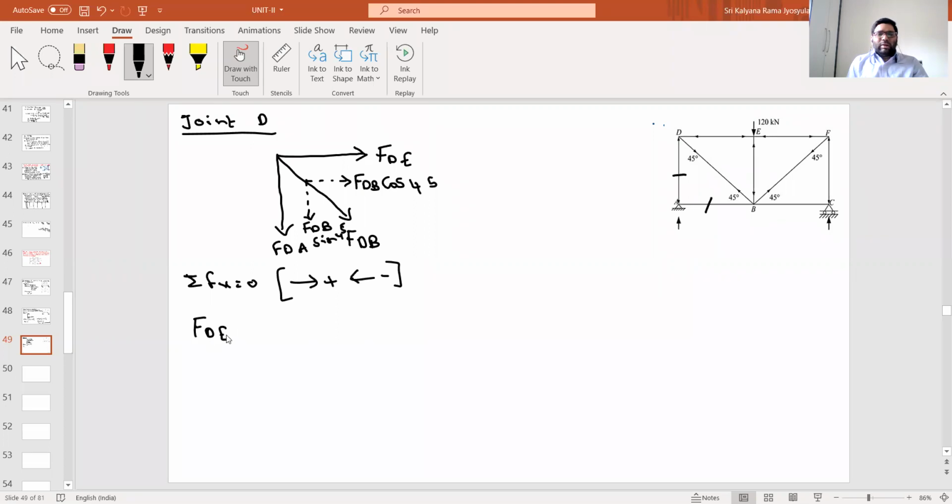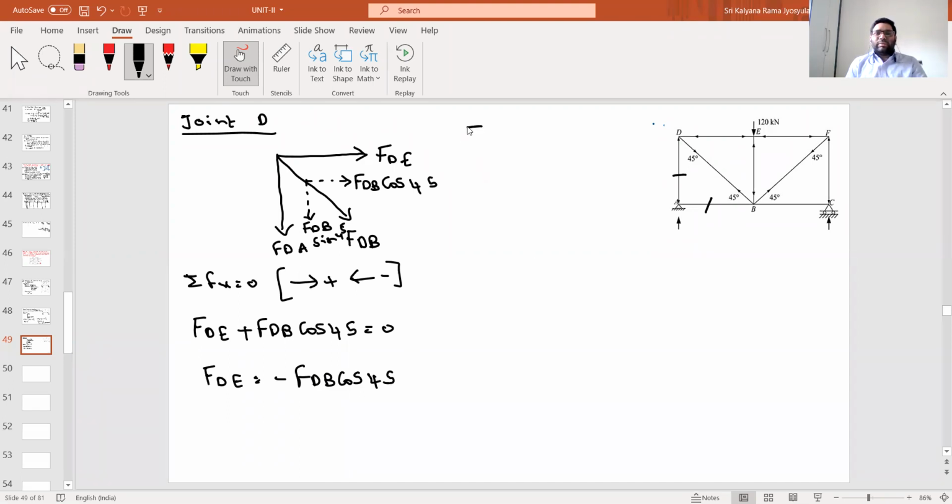So FDE plus FDB cos 45 is equal to 0. So FDE is equal to minus FDB cos 45. Let us write like that.